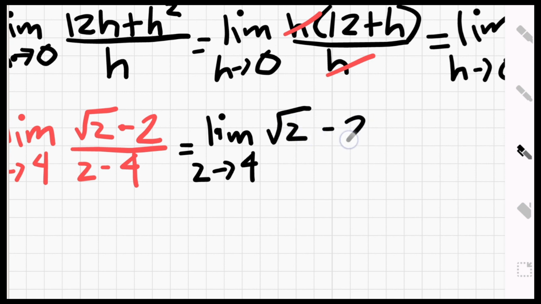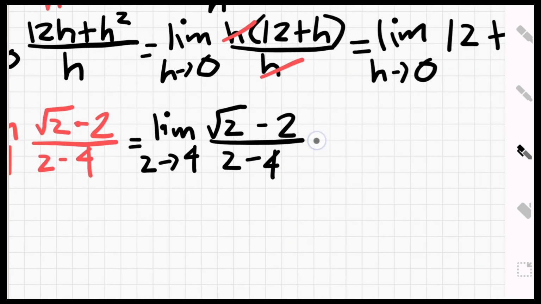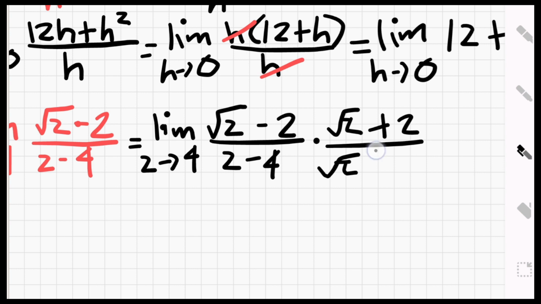So the limit as z approaches 4 of the expression square root of z minus 2 over z minus 4 times the conjugate. The conjugate of square root of z minus 2 is square root of z plus 2. So we're going to multiply it in the numerator and in the denominator.